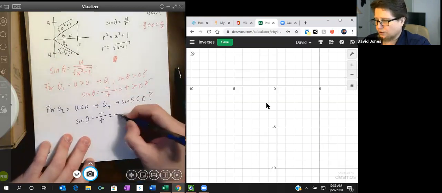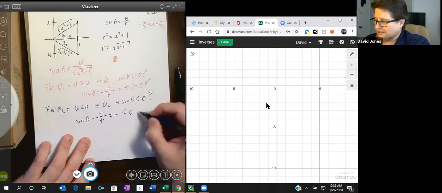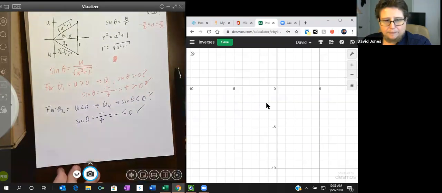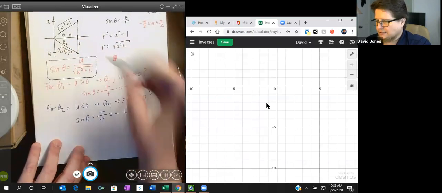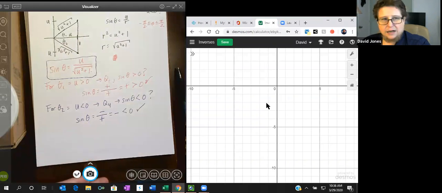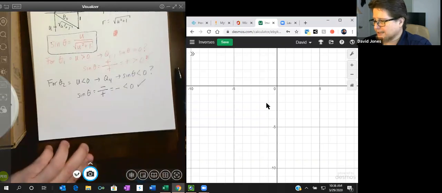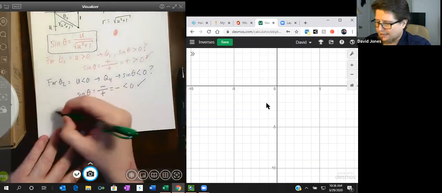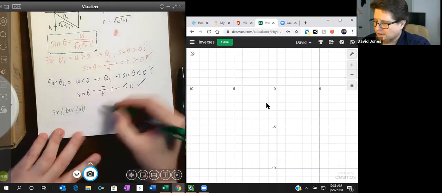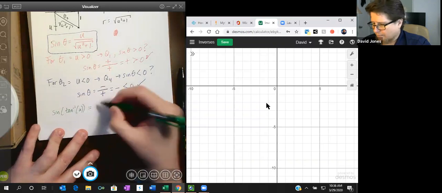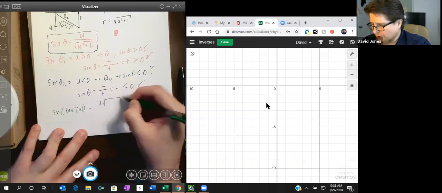And this makes this whole thing negative, which is less than 0. So it meets there too. This formula works for either one. We might have had to introduce a negative sign if something didn't match up, but it works for either one. And finally, we would likely rationalize. So we've got sine of tangent inverse of u. I multiply the top and bottom by the square root of the bottom.